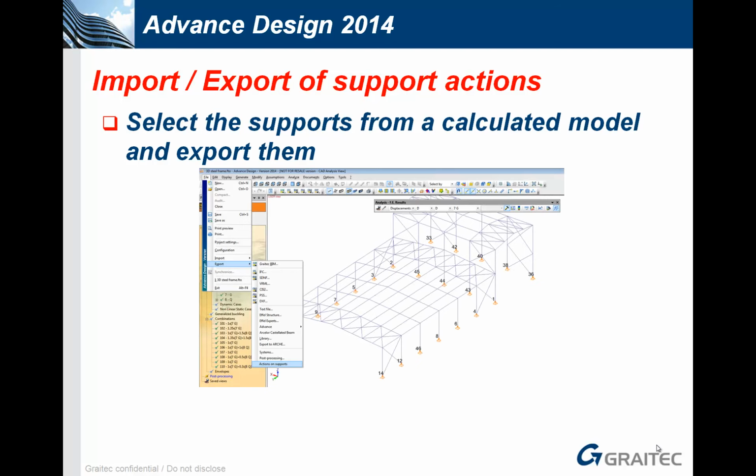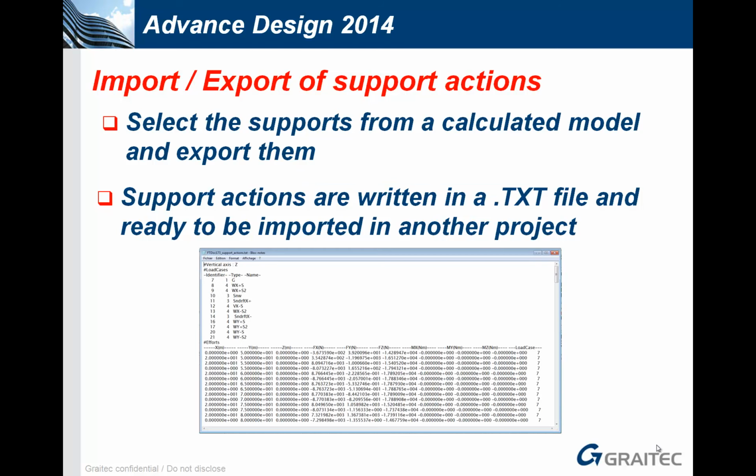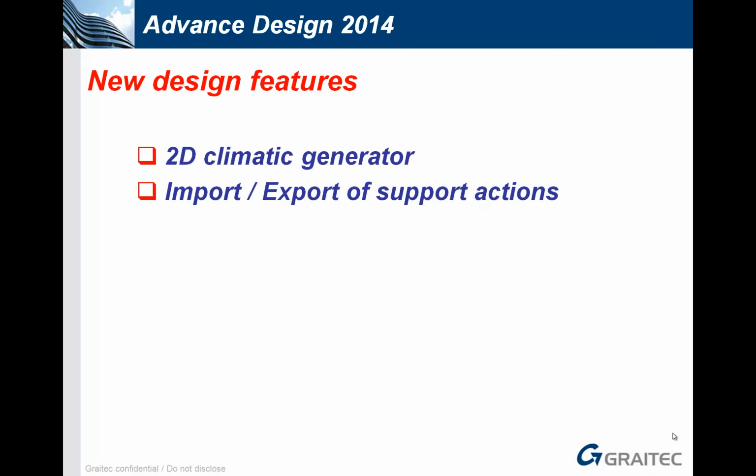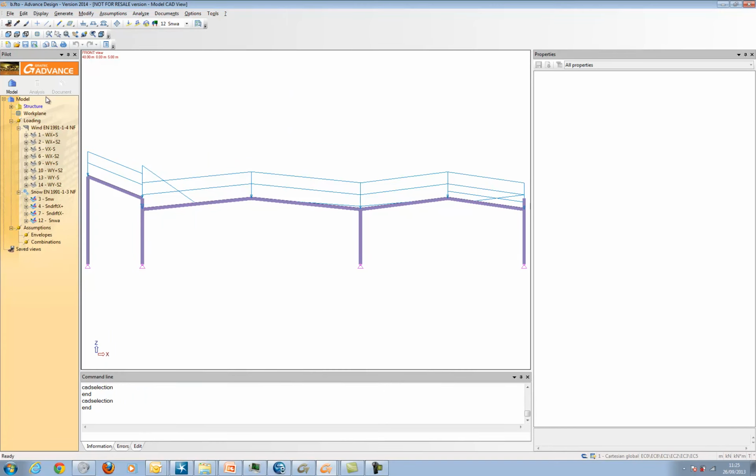So you just need to select the supports from a calculated model, you export them, and this will create a text file which will feature load position, load intensity, and the containing load cases. So let me show you, we can take this example because we have plenty of load cases.